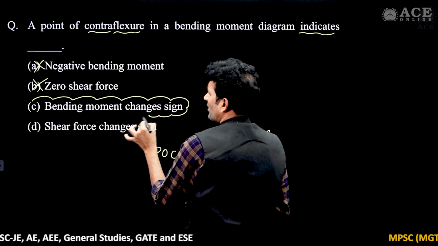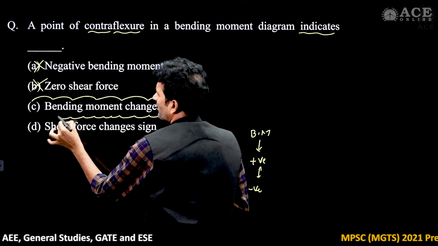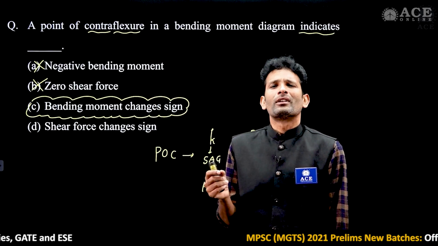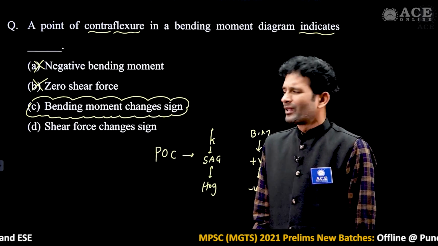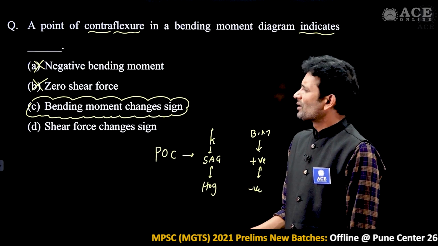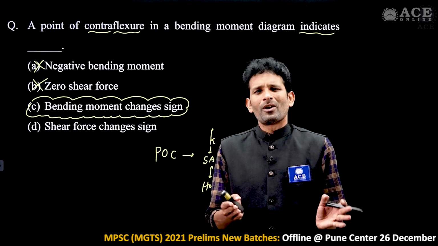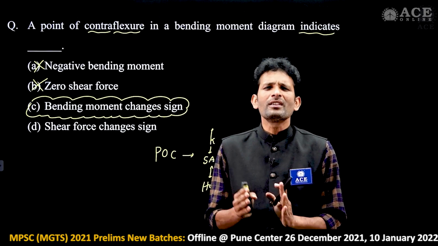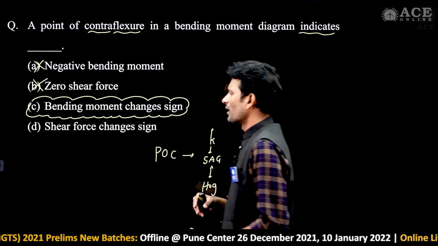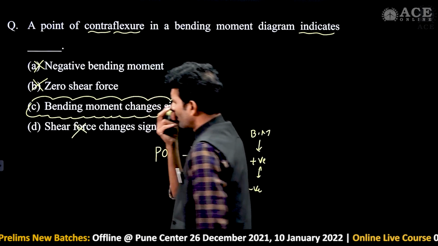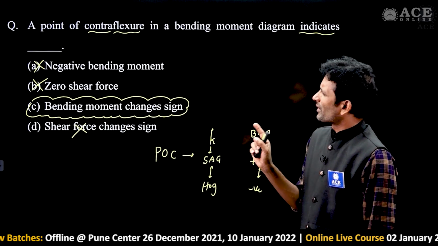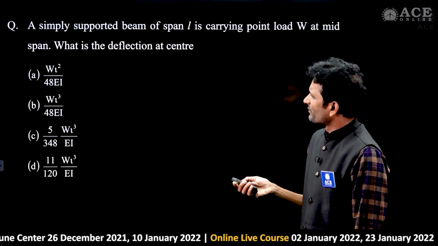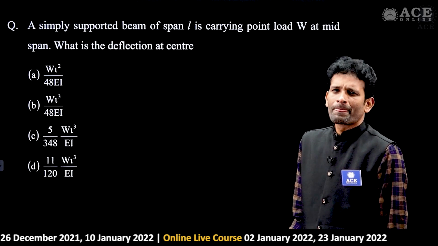The point where the bending moment changes its sign, that point we call the point of contraflexure. Look at option D, shear force changes its sign. The point where the shear force changes its sign does not have any specific name. Clearly, option D is also wrong. So for this question, which one is correct? Option C is correct.